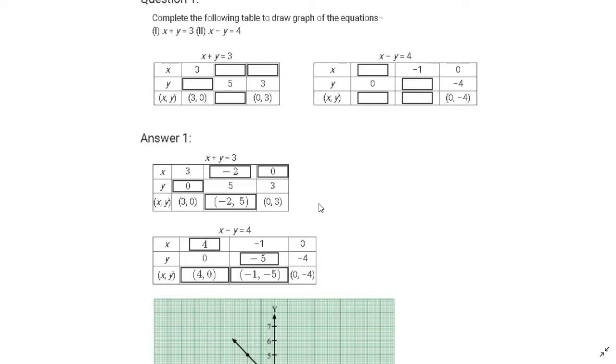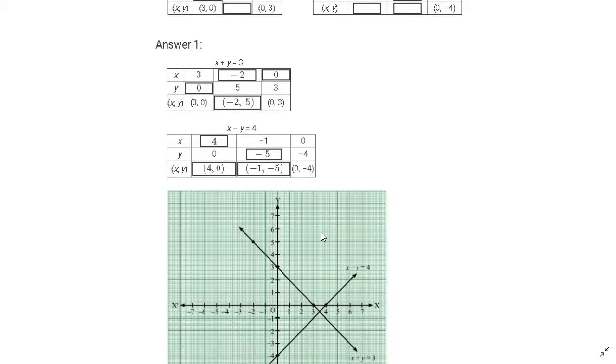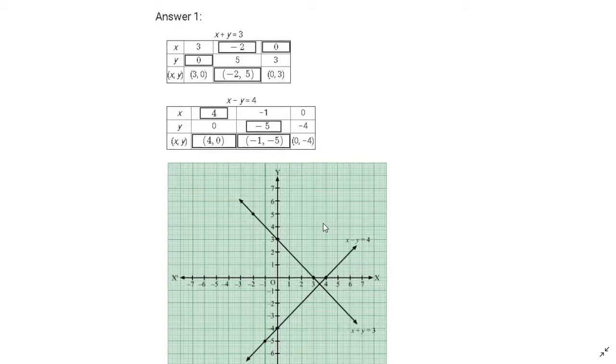So we can have more than 2 or 3 pairs of values, but we need at least 2 pairs. Okay, so we have here 3 pairs, and also for the second equation. So we will try to draw them on the graph paper.